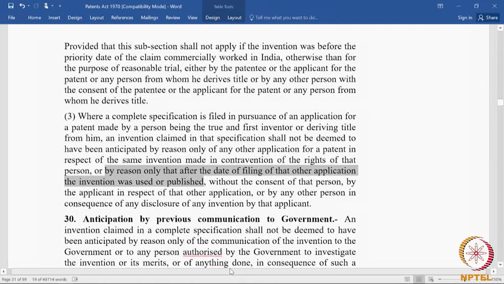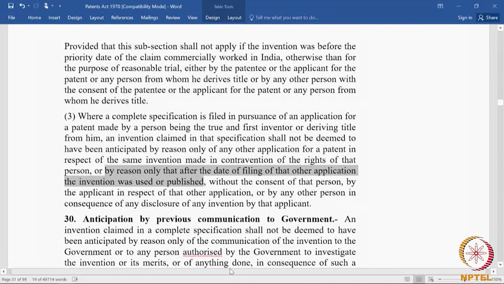So, for all practical purposes, application A's priority is preserved because the publication came in March or in April after application A was filed, but that will now become prior art, or that will now anticipate application B which is filed in October. So, as long as applicant B can show that that was done without my consent, he will get over it.